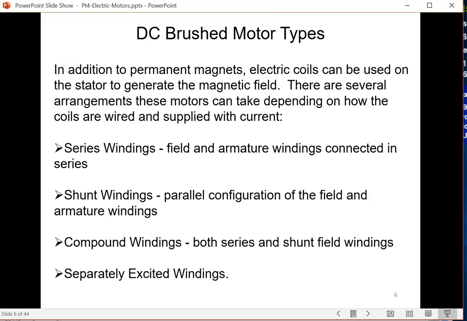But the most flexible way to control a brushed DC motor is to use separately excited windings, so the power source for the armature winding is different from the power source of the field winding. That will give you the maximum flexibility to control the DC motors.